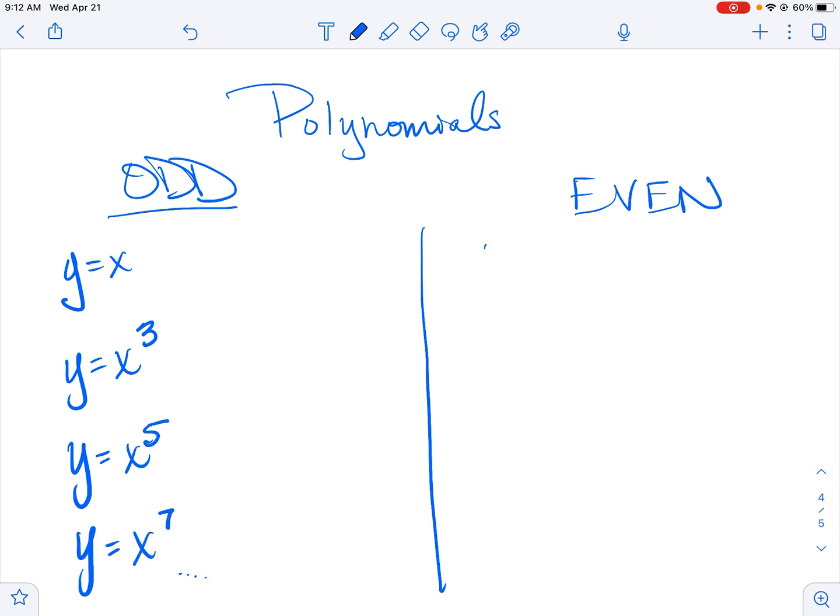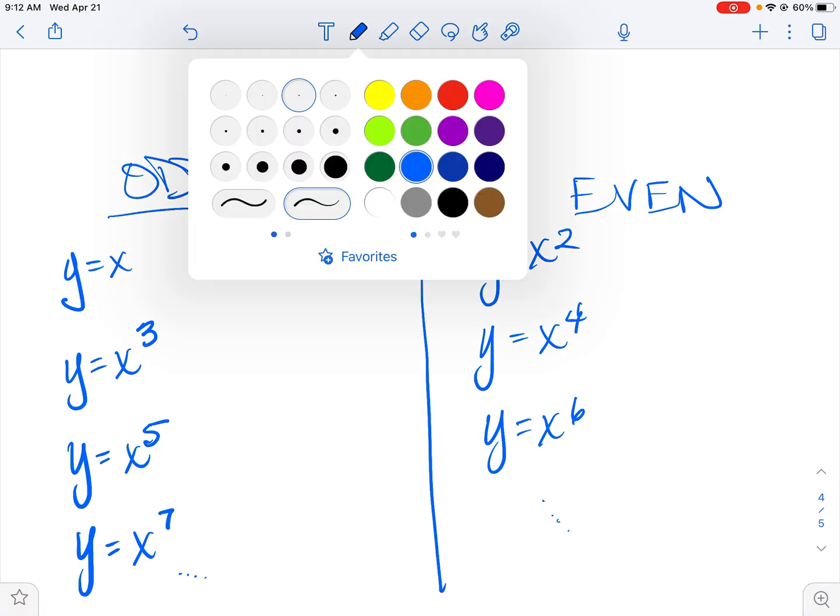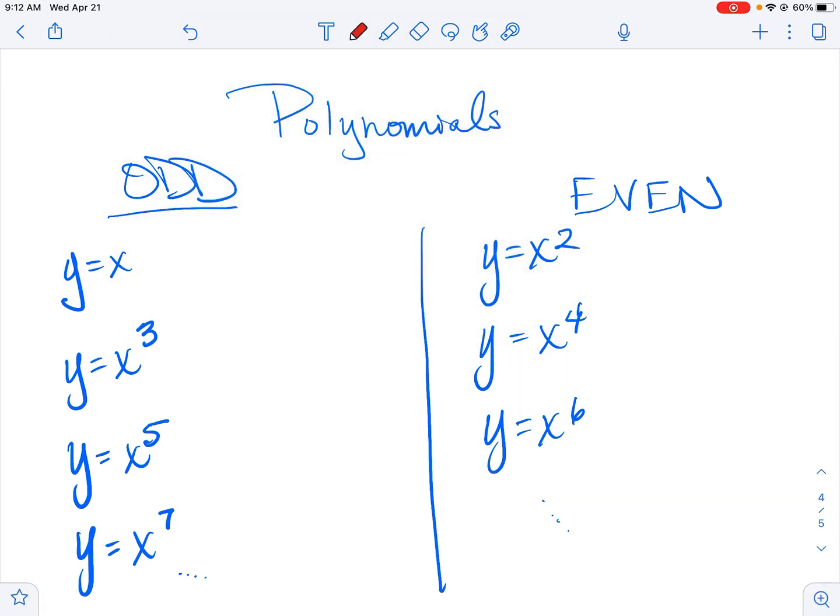The evens are going to be y equals x squared, y equals x to the fourth, y equals x to the sixth, and on. Remember, for even, they are always either up, up, or down, down.